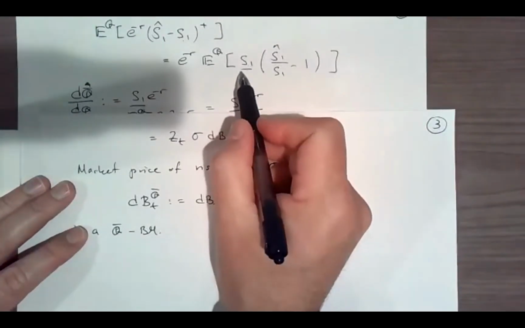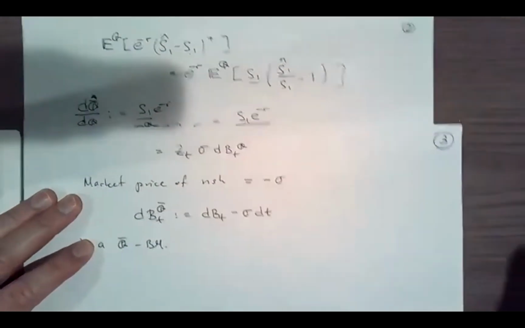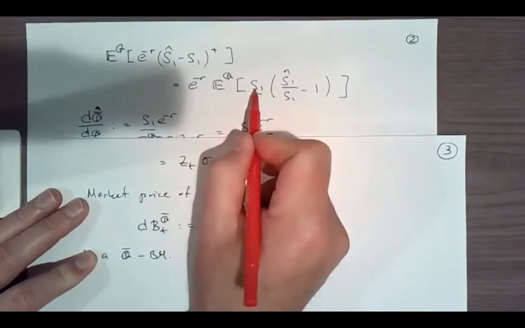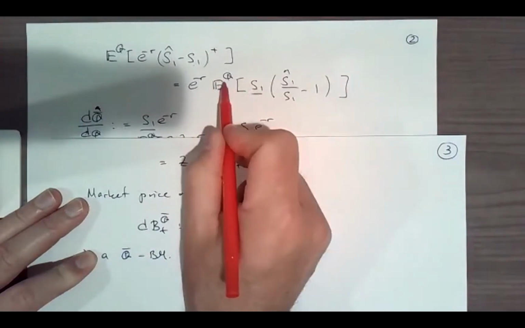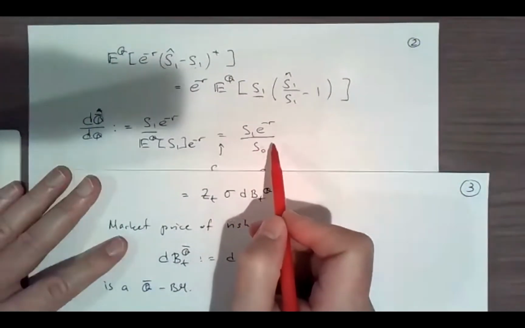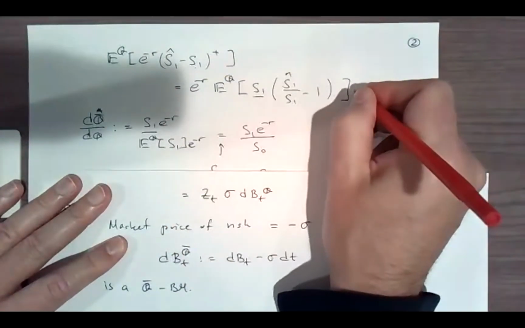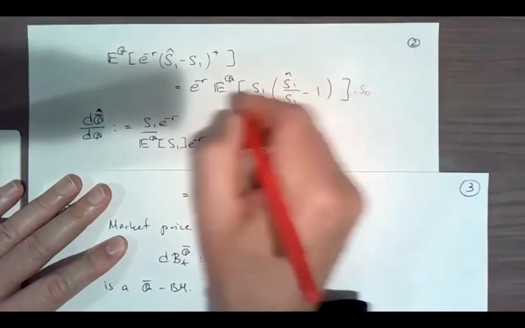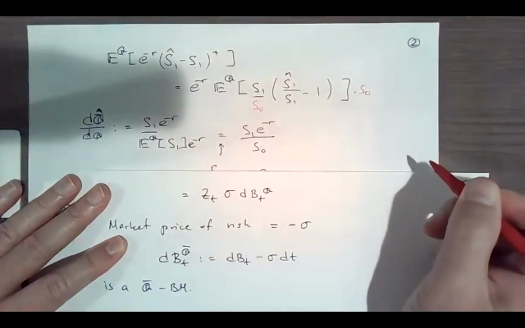Like this expectation here, you combine this term and that term, and I get the Radon-Nikodym derivative. Well, almost, there's an S0 I need to correct with. So I need to multiply here by S0, and then I can divide by S0.